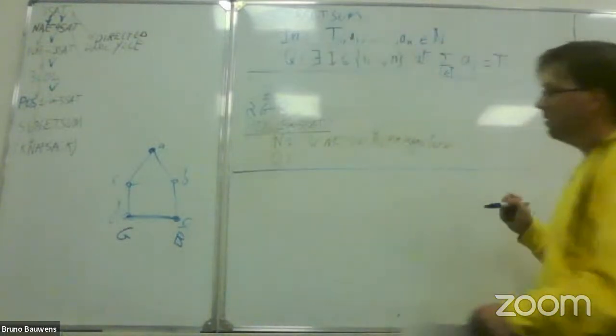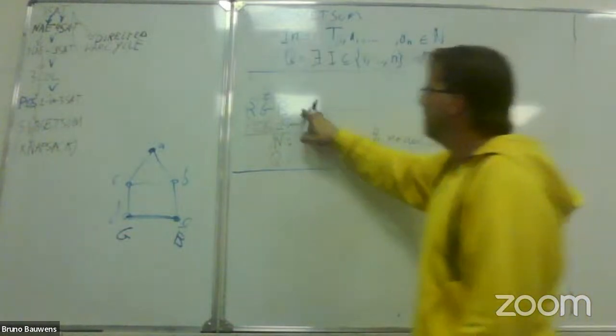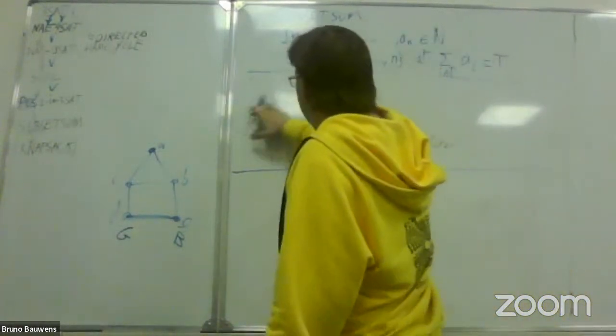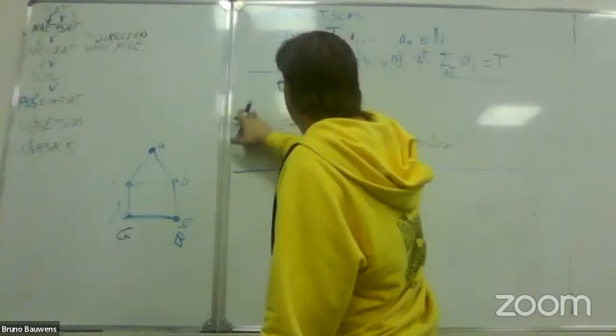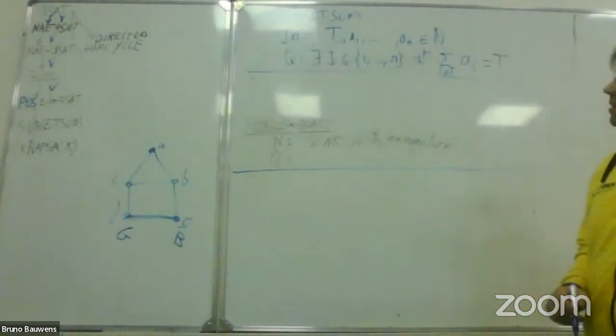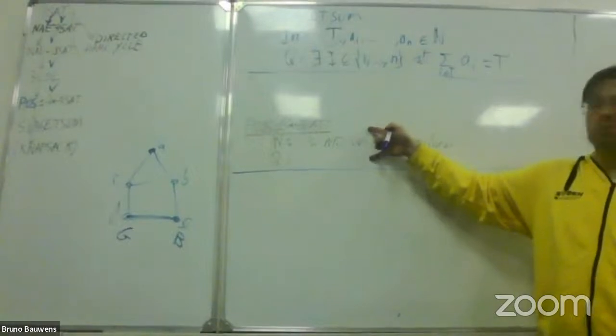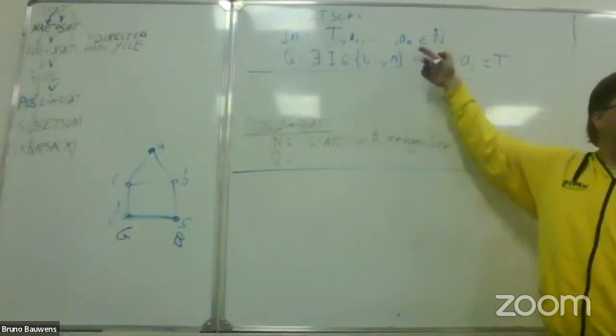Since NP lies in E, yes, NP is a subset of E. Okay, so we have to build a reduction now from this problem to this problem.